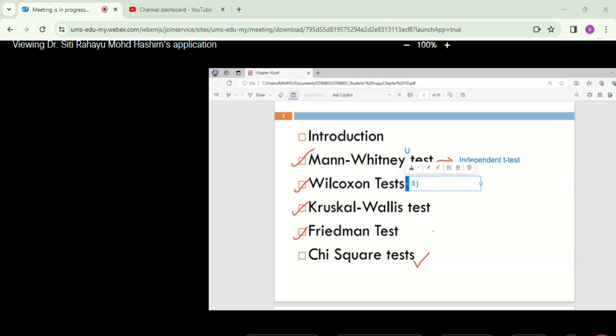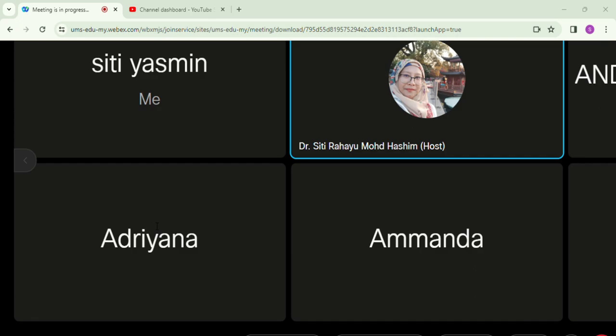One for independent t-test, and then another one for dependent samples t-test. Right? So that it will be easier for you to remember. So for the independent t-test, the Wilcoxon test is known as Wilcoxon rank sum test. Oh, what happened?